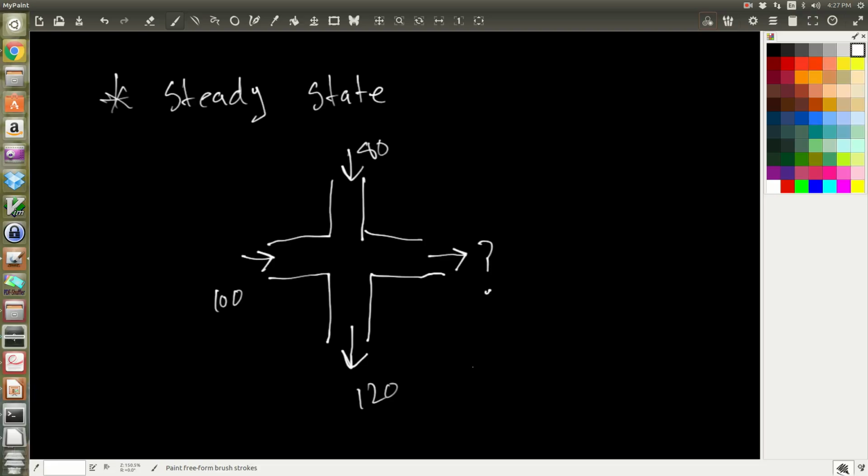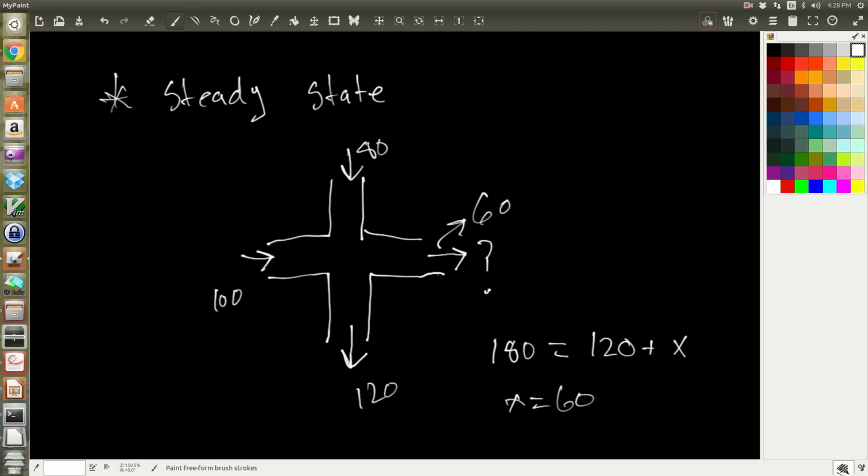Well, because we know increases equal our decreases, then we can say, 180 is what we've got going in. It's supposed to equal what's going out. So 120 is going out plus x. Then we can solve for x. And it should come out to be, let's see, 180 minus 120, so x equals 60, right? There we go. So we can figure out here that this is 60 using a conservation law.